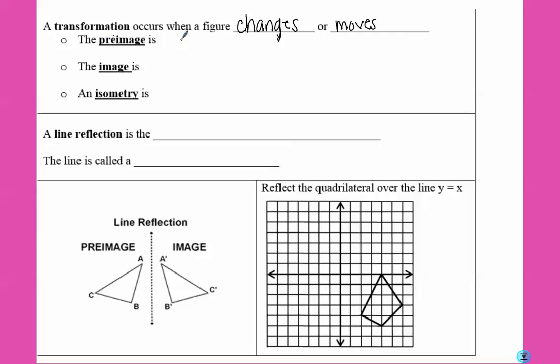The pre-image is the figure before the change. It should help that the prefix pre means before. The image is the figure after the change.